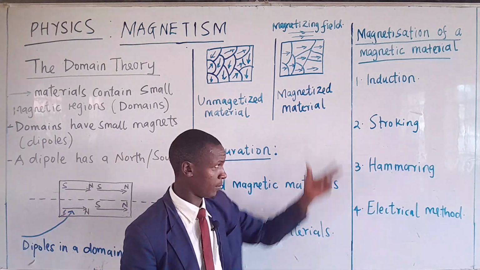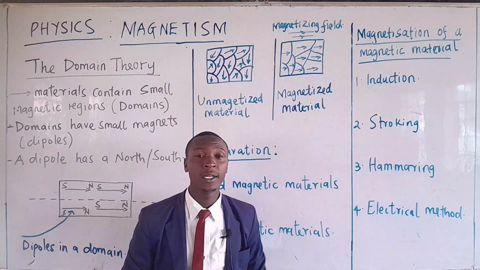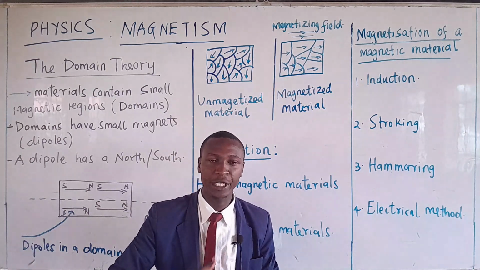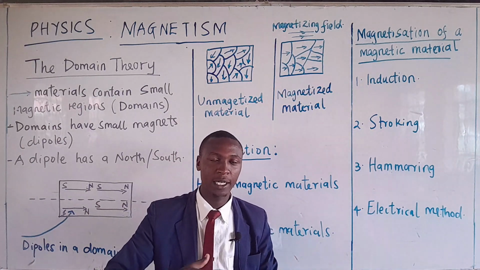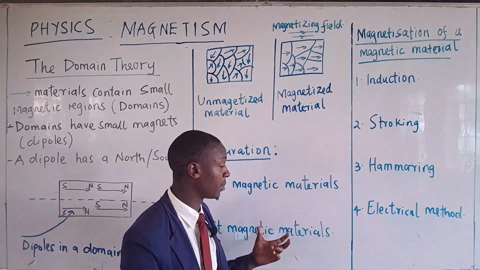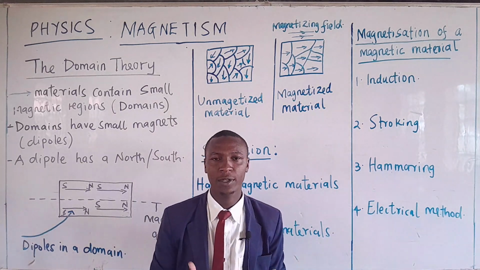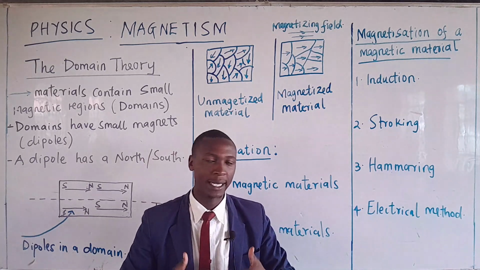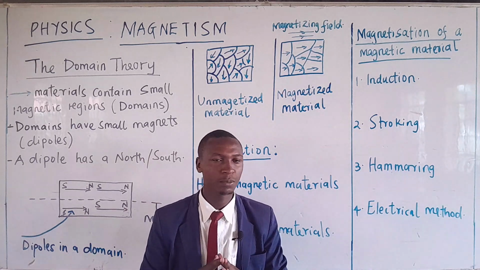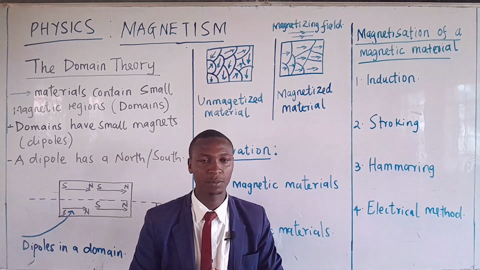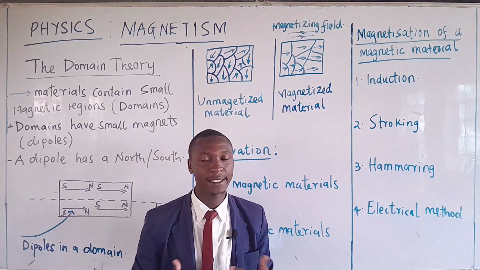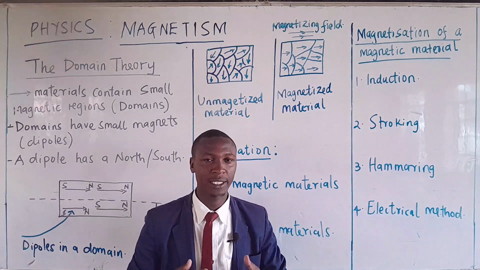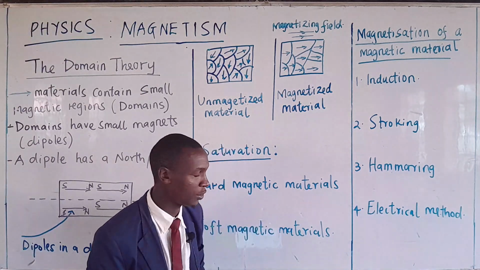If you use, say, the induction method, where you are trying to induce a magnetic field in a given material, the domains or the dipoles there might prove hard to align properly, and therefore such materials are called hard magnetic materials. It's good to note that at the end of the day, hard magnetic materials can be magnetized, but it is going to take some time to magnetize such materials.